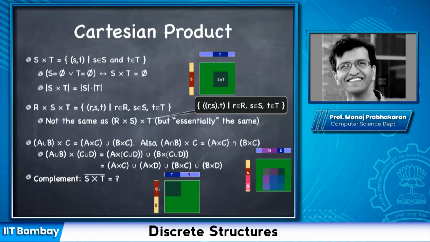S is the darkened part and S complement is the lighter part, and similarly here T and T complement, and this part is S cross T. So its complement is everything outside here, which you could write as the union of three sets, namely S complement cross T complement, which is here, S complement cross T, and S cross T complement, right?